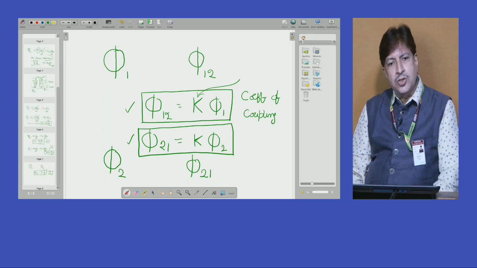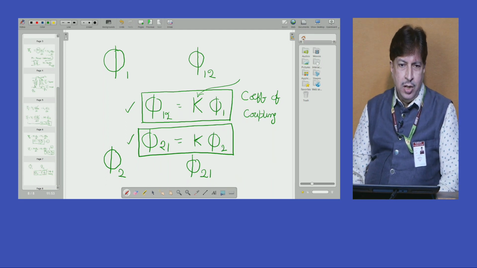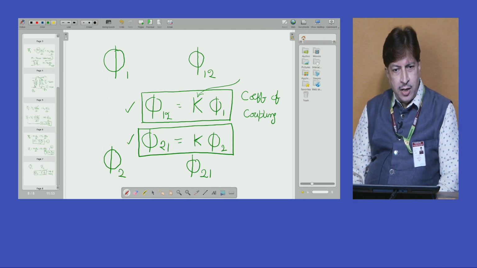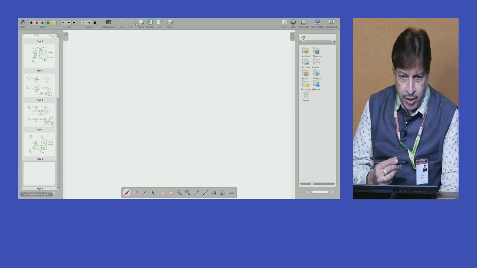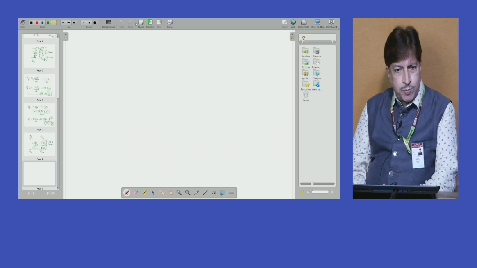Now, let us try to establish the relationship among self-inductances, mutual inductance, and coefficient of coupling with the mathematical expressions we discussed till now.